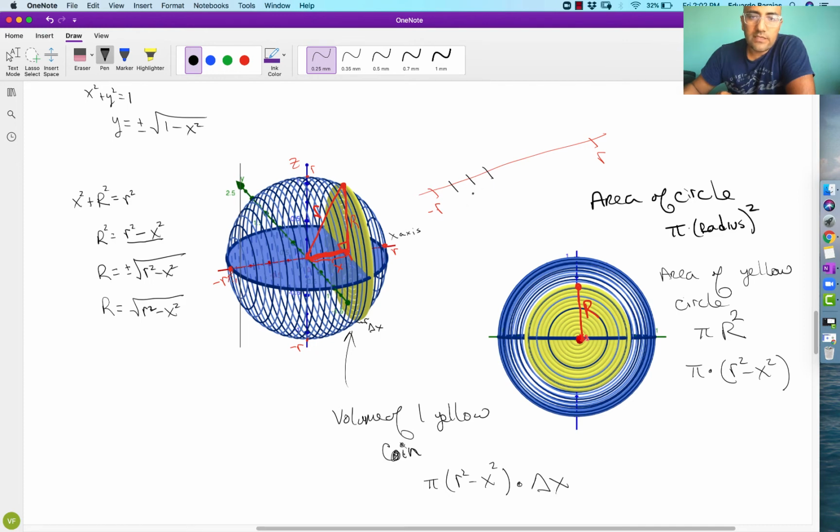Good. So each one of these spaces is going to be a delta x, right? Each one of these is going to make up a coin. And then inside each one of these spaces, we're going to choose a value. As we learned earlier, it doesn't have to be a randomly selected value, but for any choice of x sub i star, x sub 1 star comes from the first coin, and then x sub 2 star is going to be somewhere in the second one.